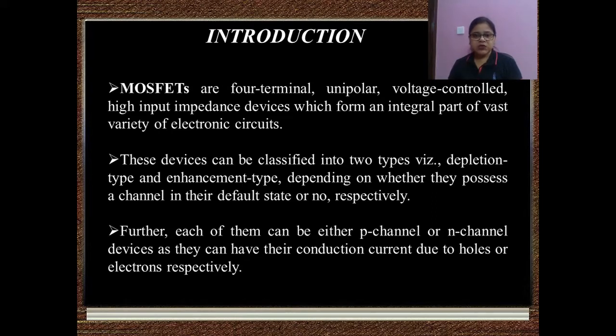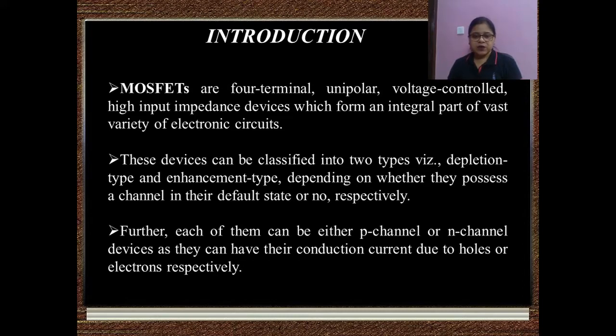It is a voltage control device. It has a high input impedance, and these are some characteristics, or properties, which make it very popular in the semiconductor electronic field or the device field.